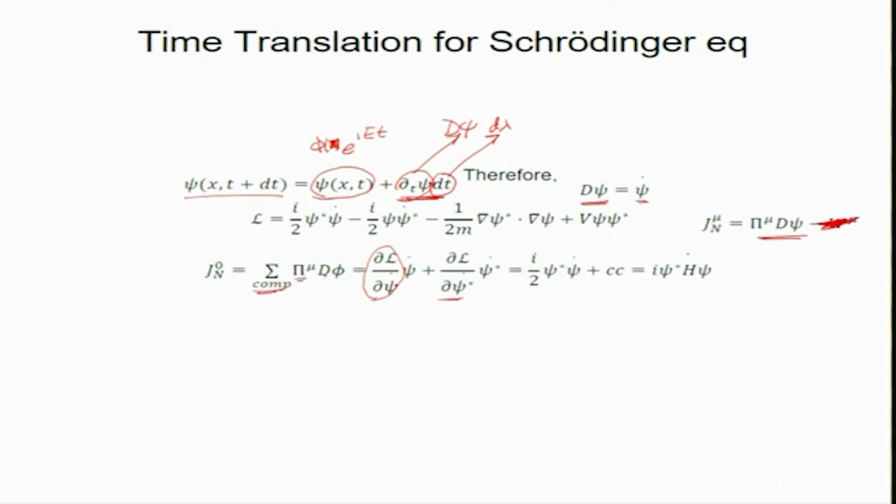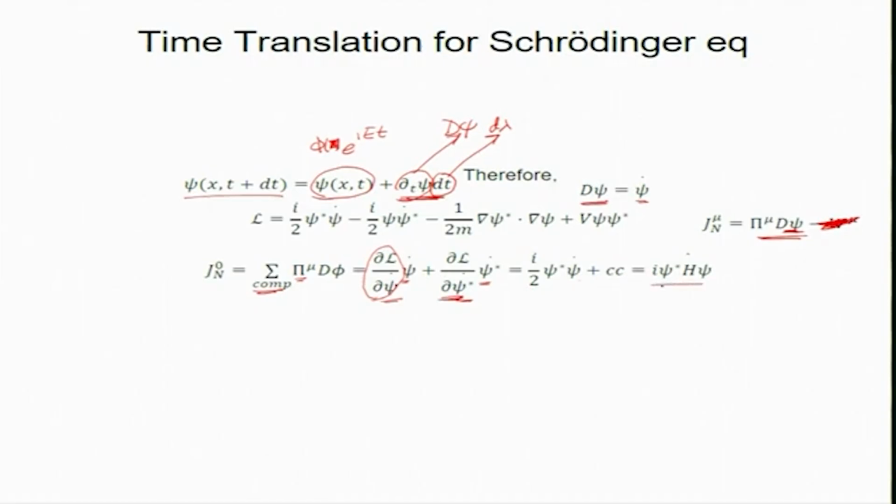So the momentum is partial L partial psi dot for psi, and partial L partial psi star dot for psi star. Multiply this by d psi. For psi this is going to be psi dot, and for psi star it is going to be psi star dot. So this is going to be i by 2 psi star psi dot, and the other one is just the complex conjugate. That is why we get a real thing.